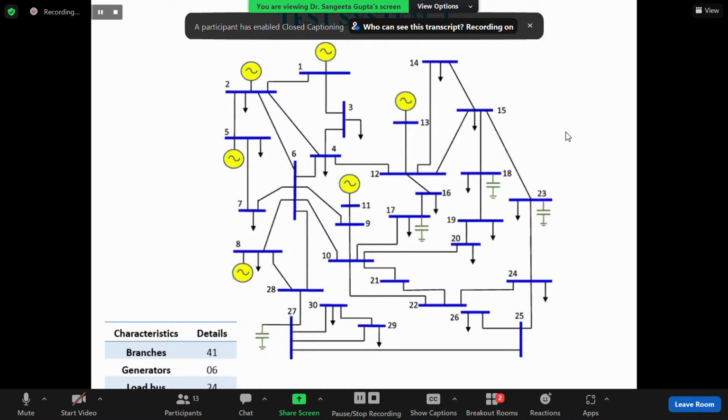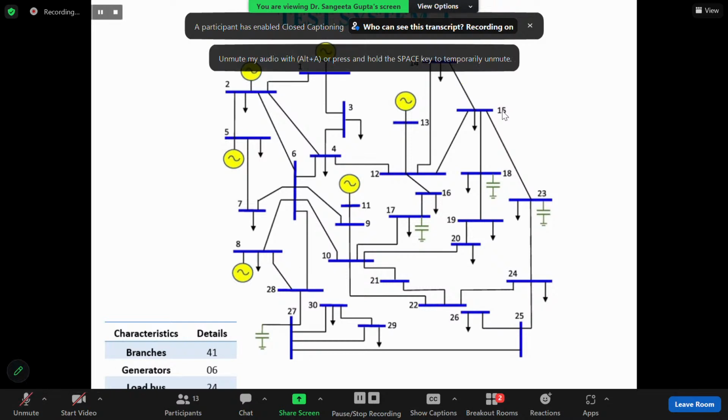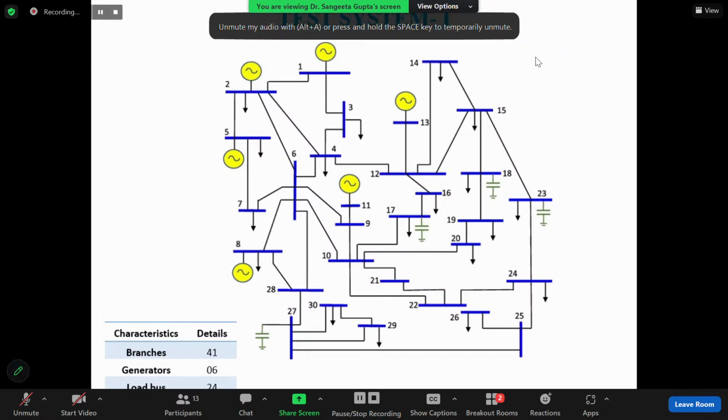So the meta-heuristic algorithm, along with the pattern search, means we have proposed a hybrid algorithm because in any optimization technique, there are two main techniques, exploration and exploitation. So we are doing the exploration part with one algorithm and exploitation part with another algorithm.